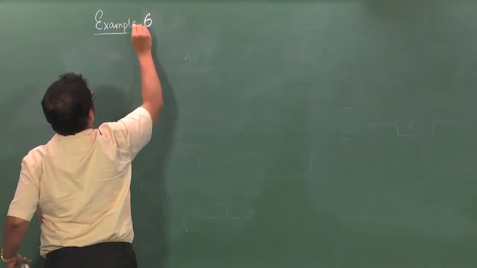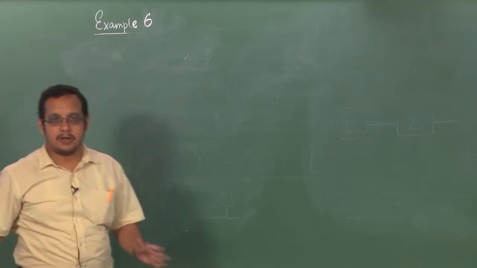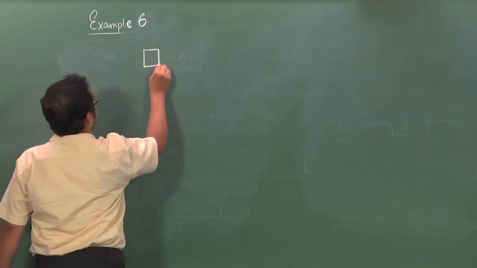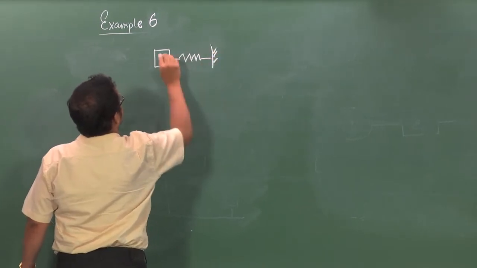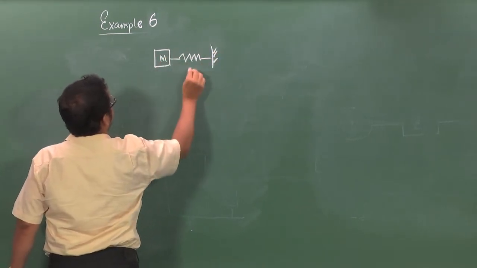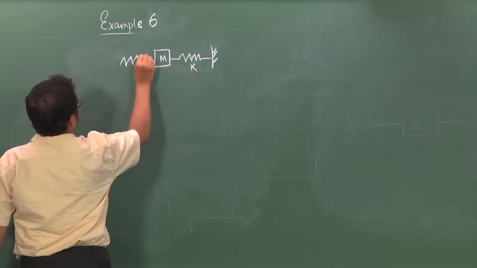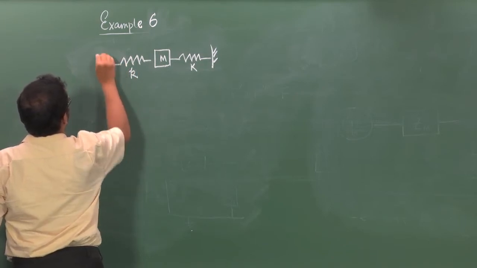Okay, this is the next example, example 6, which is that of a dynamic absorber. So, do you know why? There is a primary spring mass system which is capital M, capital K, and there is a secondary spring mass system which is small k and small m.